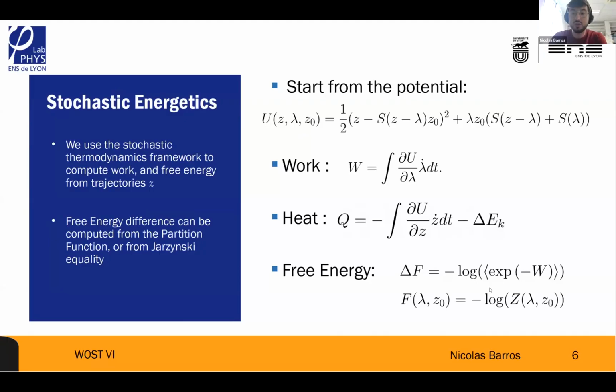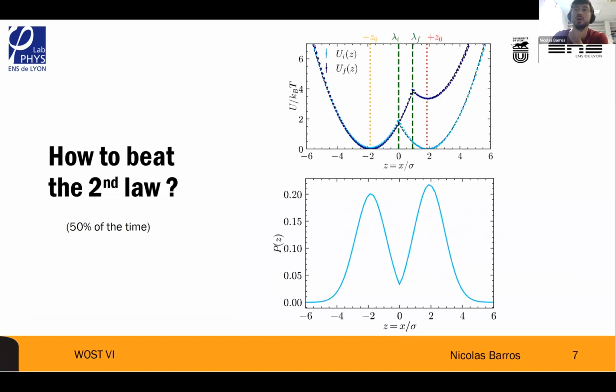Now let's have a look at the protocol that we will use throughout our study to try to obtain as many transient violations of the second law as we can get. So let us start with a double well potential in its symmetric configuration. So there's a first threshold that we denote lambda i.